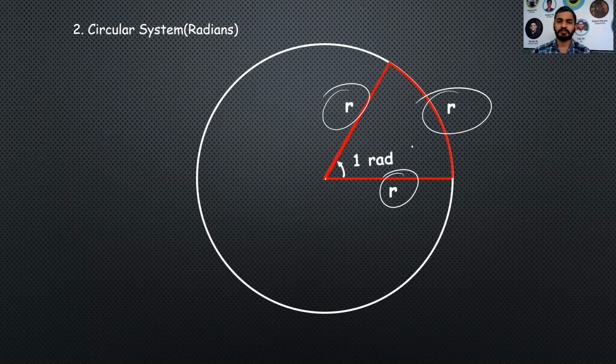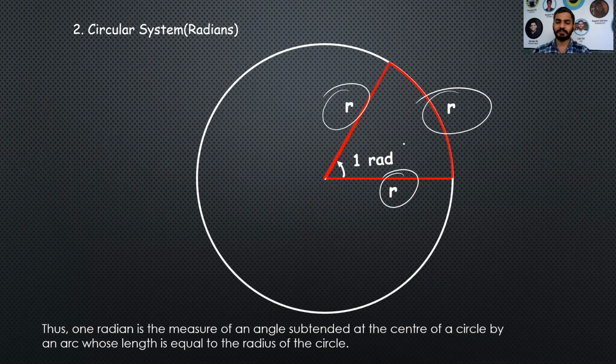The angle formed is called 1 radian. So 1 radian is the measure of an angle subtended at the center of a circle by an arc whose length is equal to the radius of the circle.